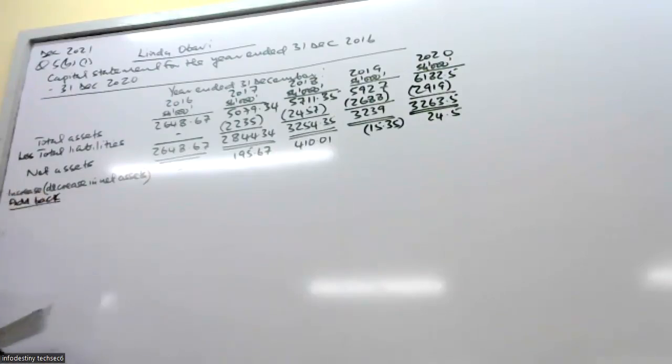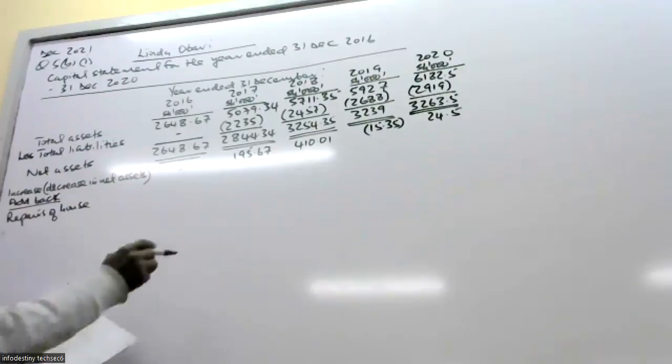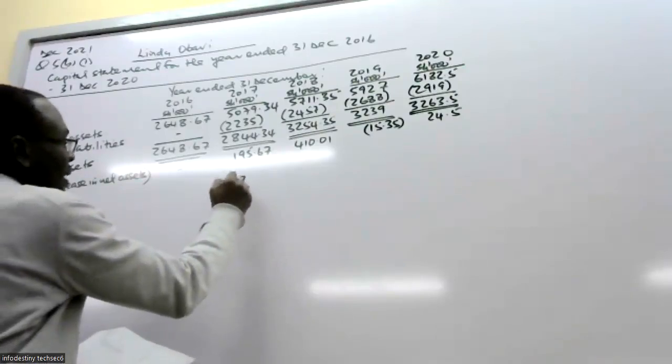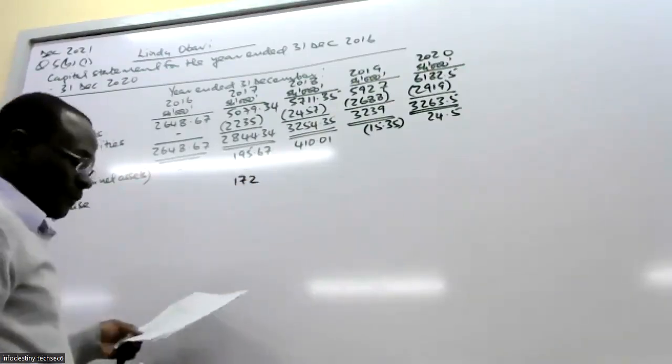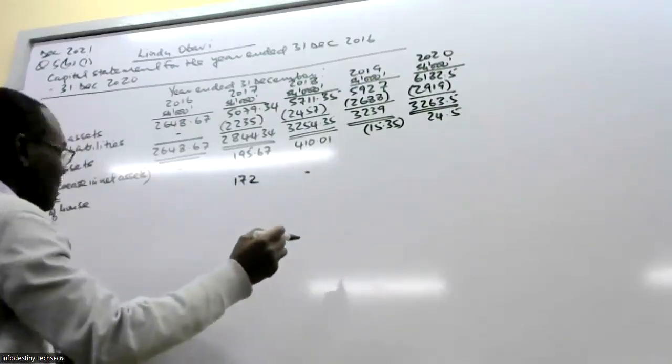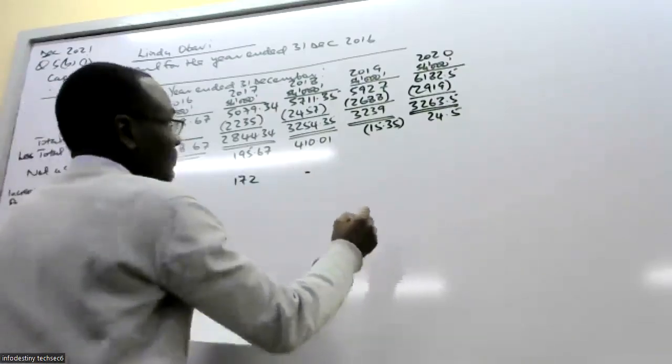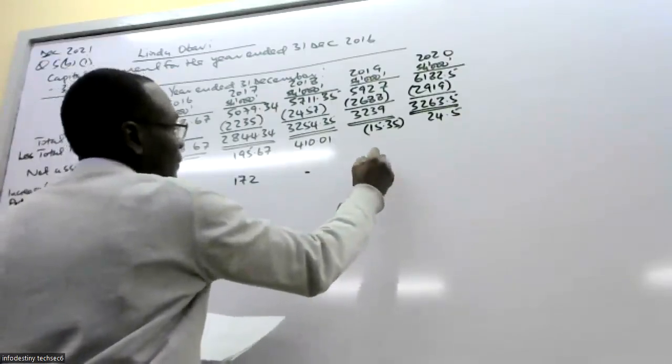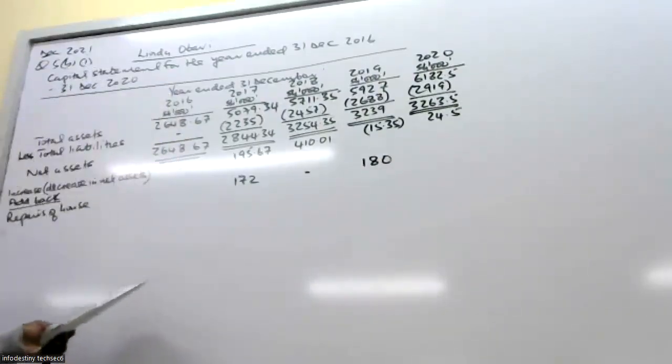So disallowable expenses will include, for example, repairs of house. So repairs of house is 172 in 2017. So in 2017, add back 172 for repairs of house. And in 2019, we add back another 180 for repairs of house.